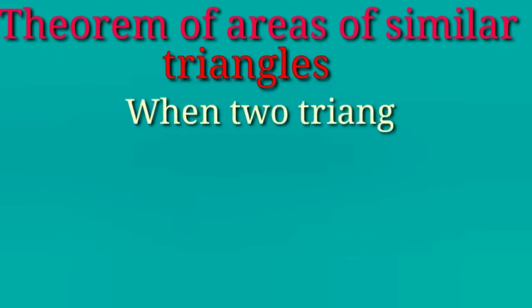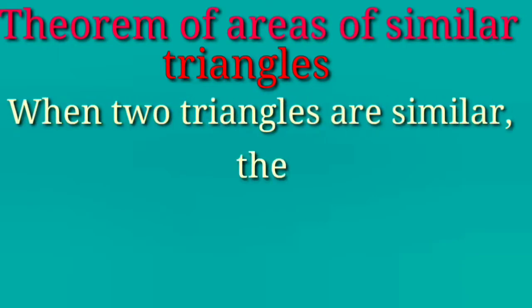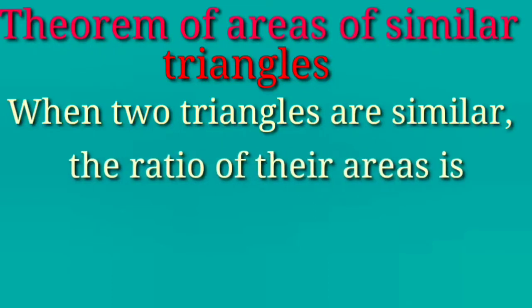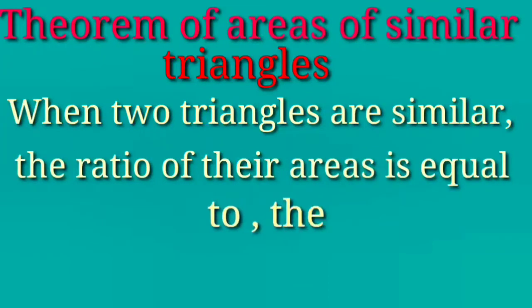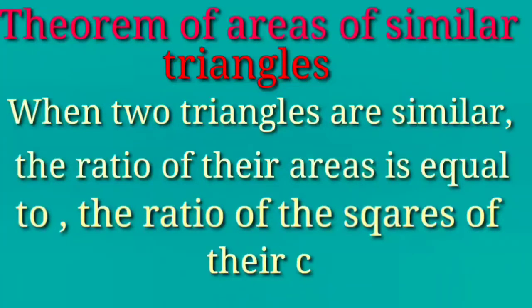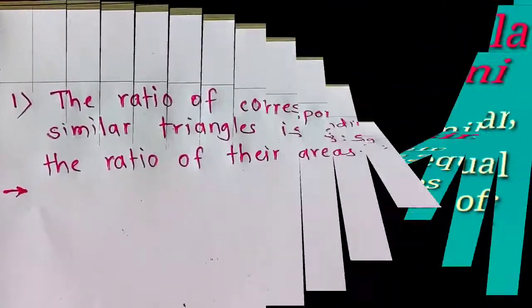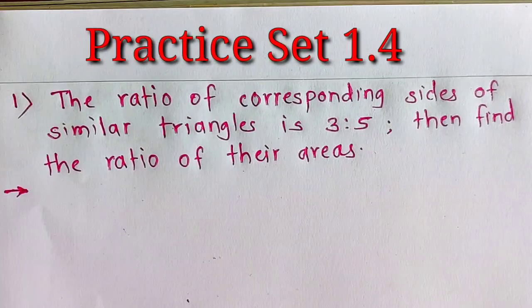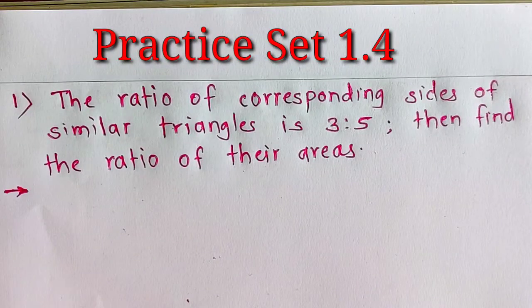When two triangles are similar, the ratio of their areas is equal to the ratio of the squares of their corresponding sides.